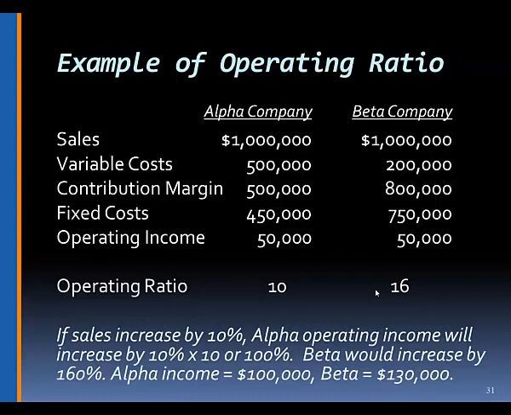Beta's are $750,000. If you divide the contribution margin of $500,000 by $50,000, you get a ratio of 10. If you divide $800,000 by $50,000, you get a ratio of 16. So we say Beta is more levered.